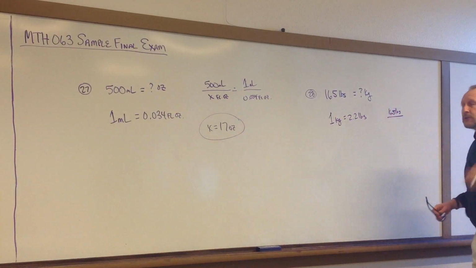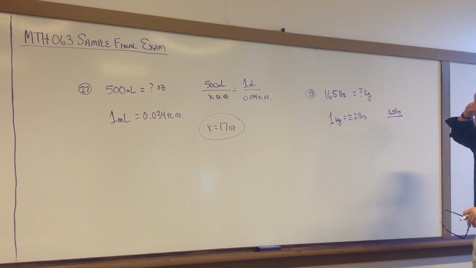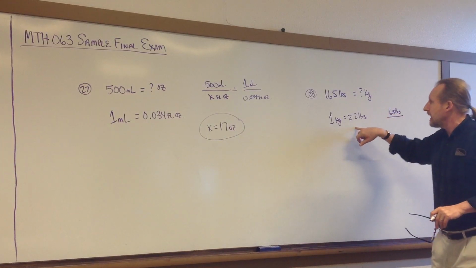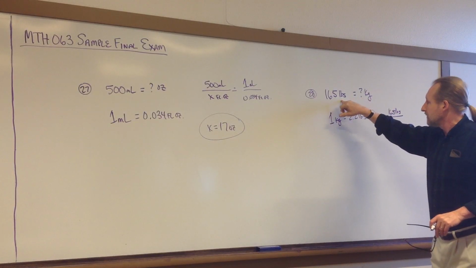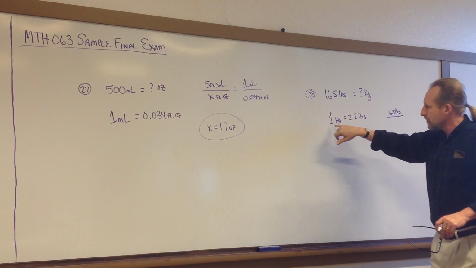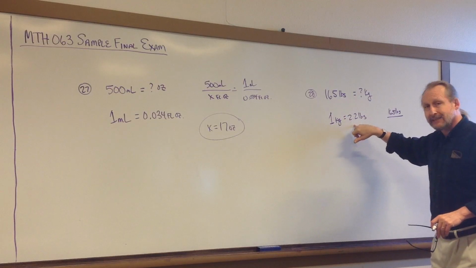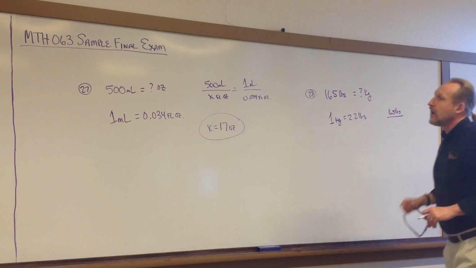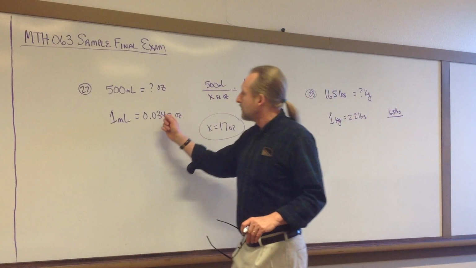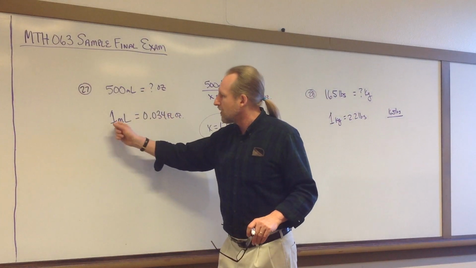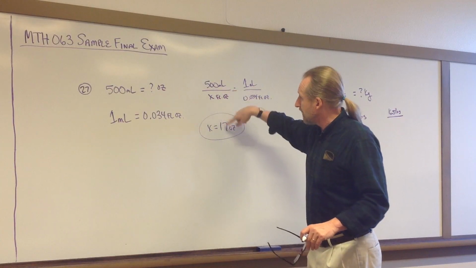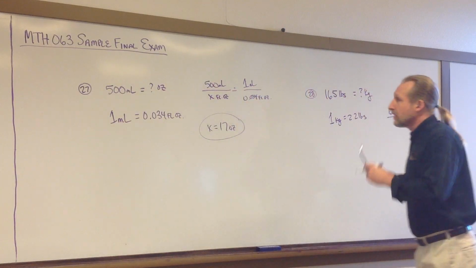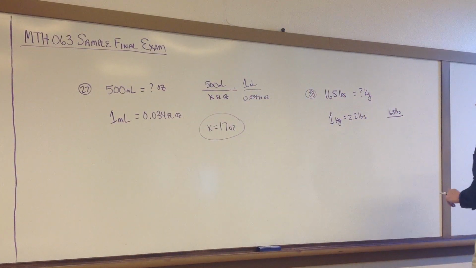And the other way you can check yourself is if you divide and you get fewer kilograms than you have pounds, that's what you should have. Your number of kilograms should always be less than the number of pounds, right? Same thing here, right? The fluid ounces was considerably smaller than the number of milliliters, and that is also the case here. 17 is much smaller than 500. So that's one way you can check yourself.